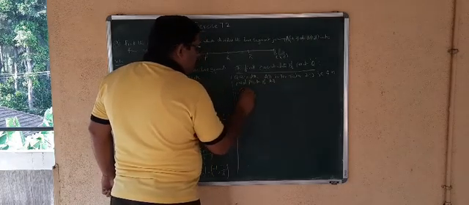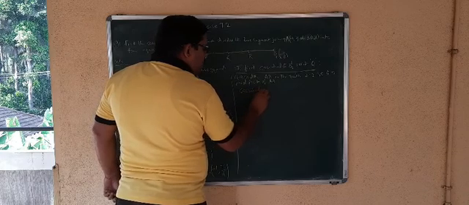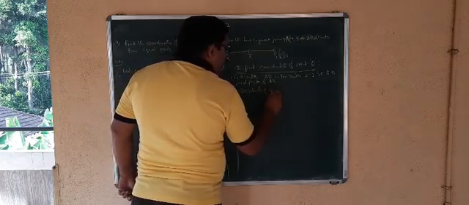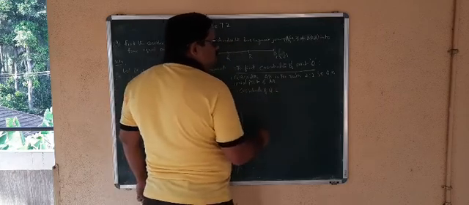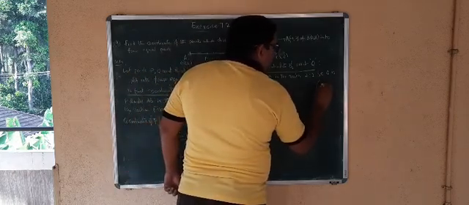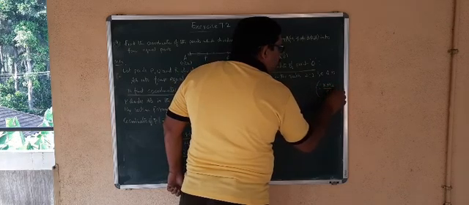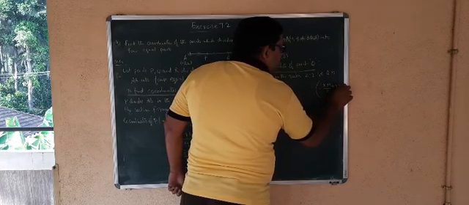Therefore, coordinates of Q is equal to, by midpoint formula, that is (x1 plus x2) by 2, (y1 plus y2) by 2.